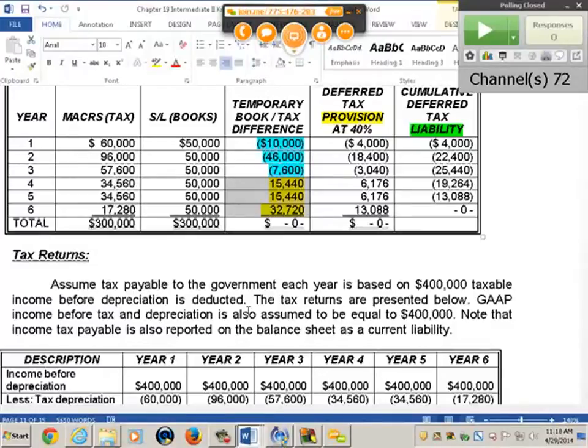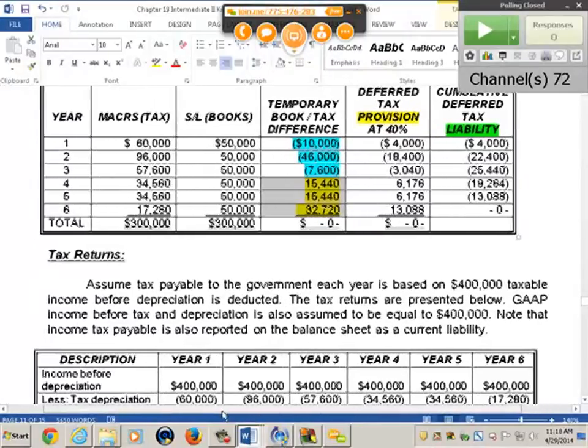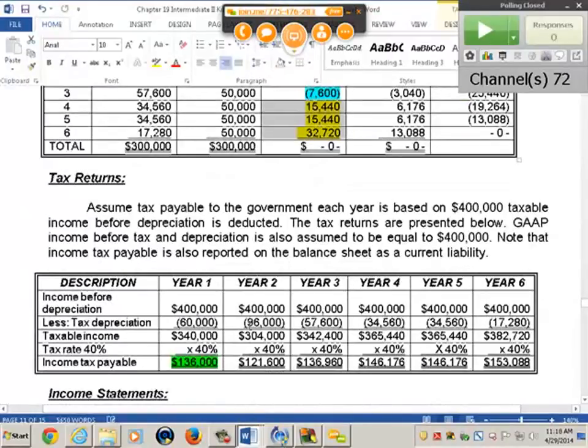So that's my assumption, and that's for both book and tax, or for GAAP and tax. Exactly the same. So when we look at the income statement, or I'm sorry, the tax return.